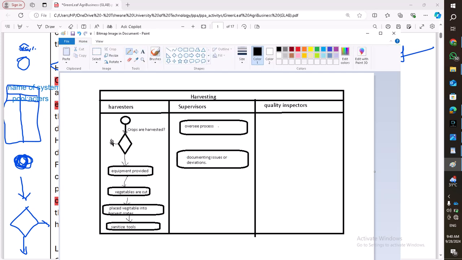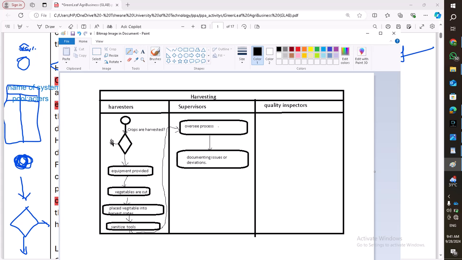Now I'm putting the errors. This error will come from the tool. If you don't see it, I think you will understand. Then it goes to oversee the process and also document the issues. The error is coming from the sanitizing to the oversee process and document the issues.